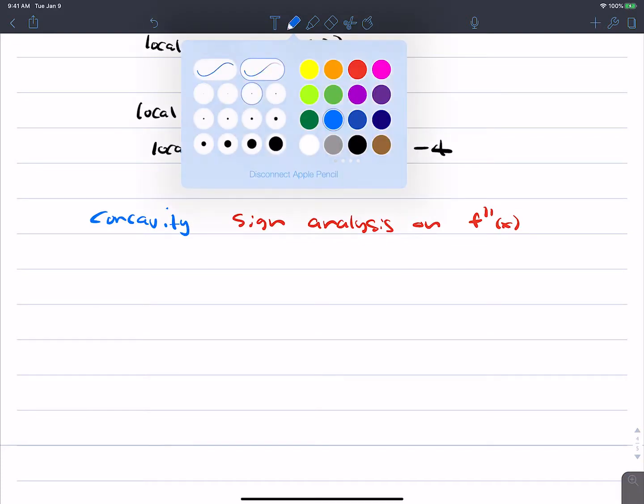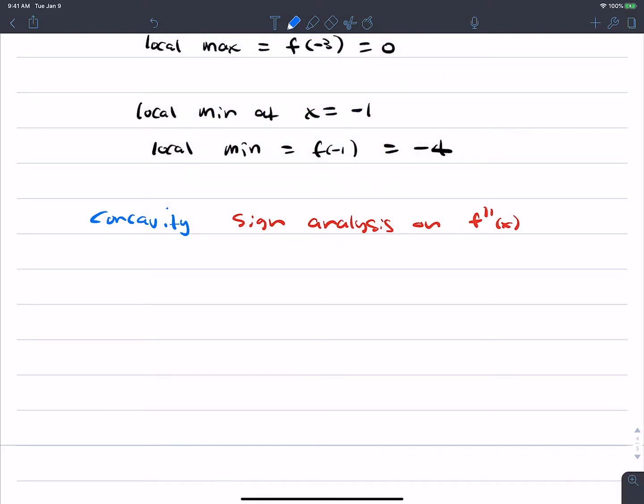So we need the first derivative. What was the first derivative of this function? What was it in your notes, that first derivative? Is that right? So our second derivative is going to be what?